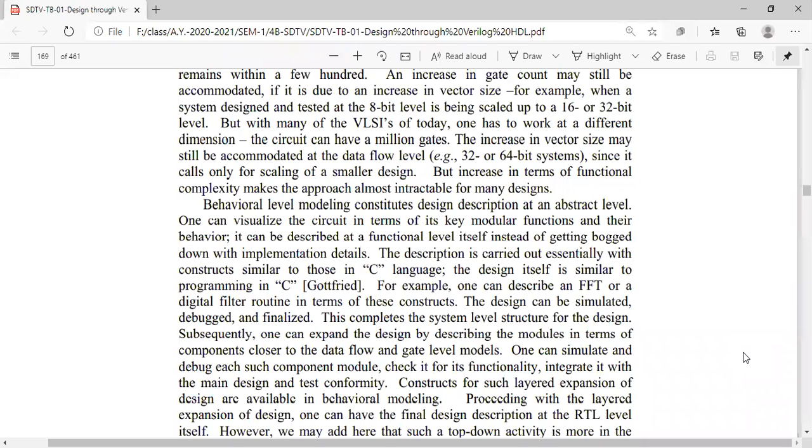So when we are willing to write the 4-bit parallel ladder, first what you have done, you have done the full ladder, right? You have done the full ladder in either the behavioral model or data flow model.